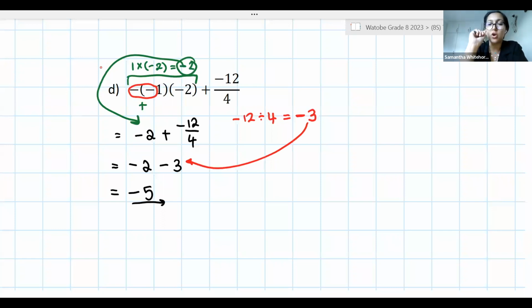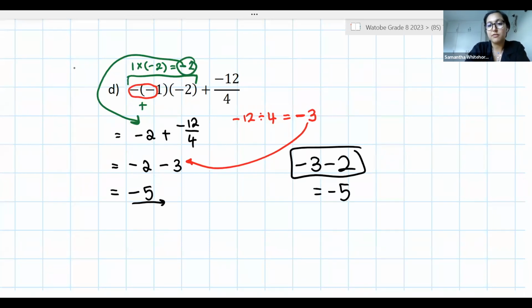That's fine as long as you remember the sign. As long as you remember it is a -2 and a -3, it makes no difference what order you then write it in. So if you said -3 minus 2, you will get exactly the same answer. You will still get -5. Just remember the correct sign. And so -2 minus another 3 gave me my answer of negative 5.